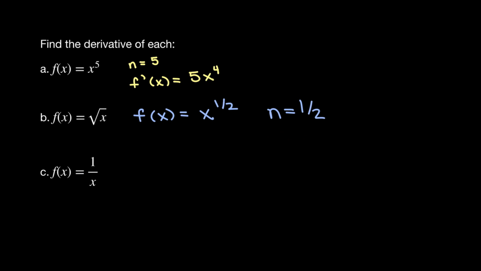So that n, that exponent, can be any real number. It doesn't have to be a whole number. It could be a fraction, a decimal, a negative number. So using the rule, I bring down the 1/2, and my derivative is going to be 1/2 x to the negative 1/2. I got negative 1/2 by taking 1/2 minus 1.